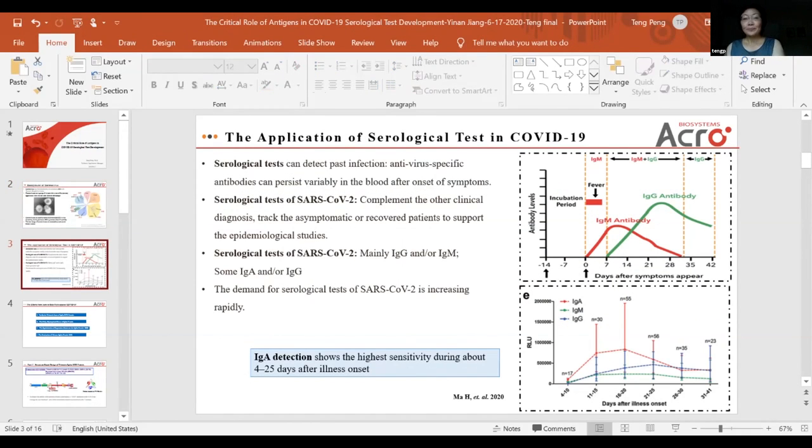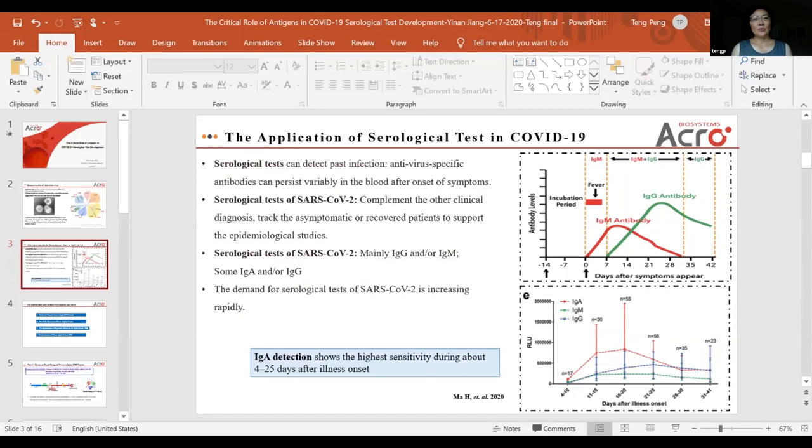In these slides, I'm going to very briefly cover the application of serological tests in COVID-19. As you know, serological tests can detect past infection after the onset of symptoms, and the antiviral specific antibodies can last from a short period of time to a long period of time, or sometimes even a lifetime.